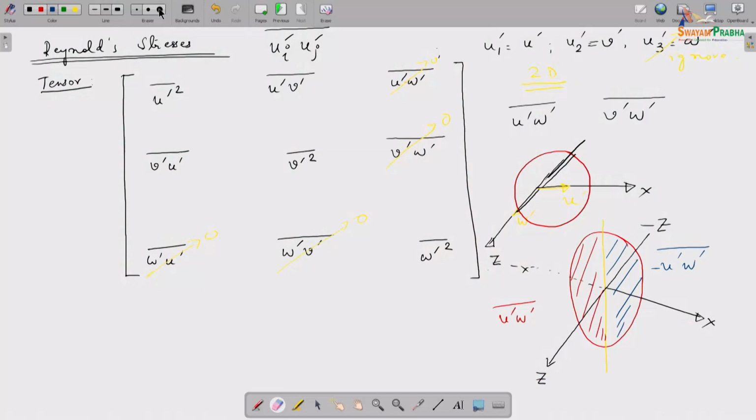Similarly, if I have V' and W', actually I should just erase this part. Okay, so that is that.